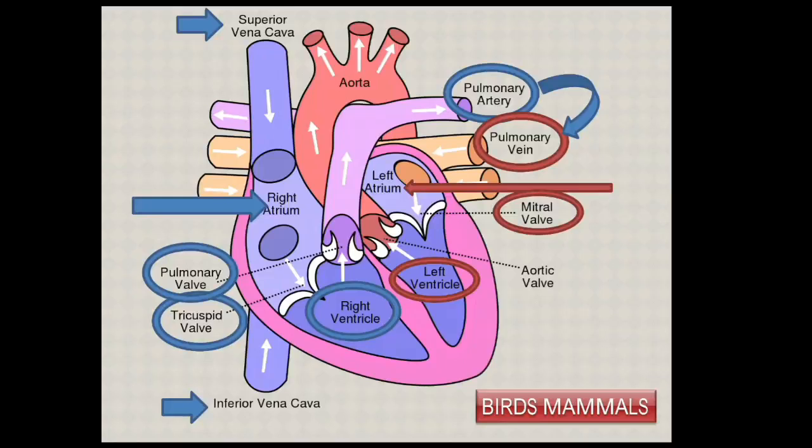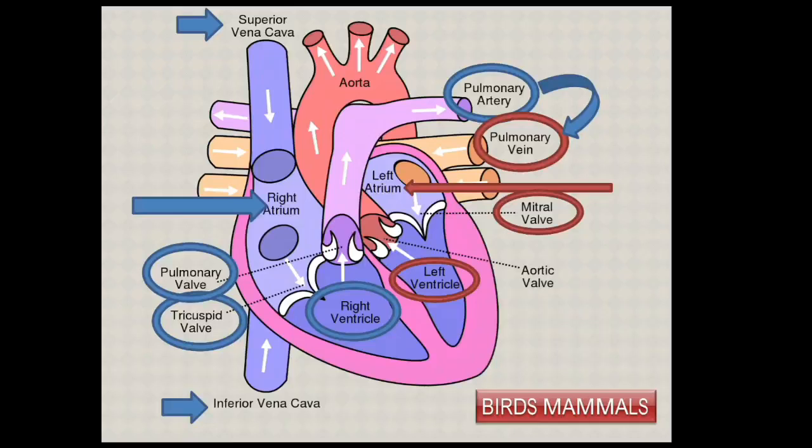Now why is it thick? Because it needs more pressure to transport this blood to the whole body of the animal. So it should be more muscular. From the left ventricle, it goes through this semilunar valve, and it is going into the aorta, which is leaving for the body and the head part.